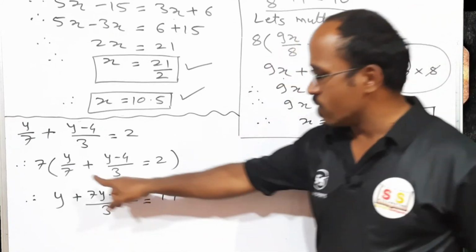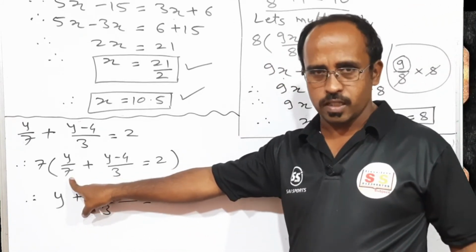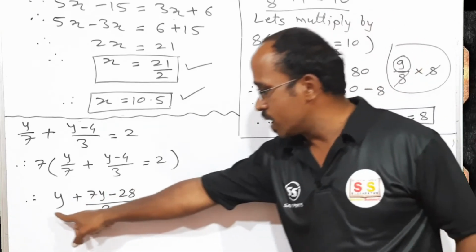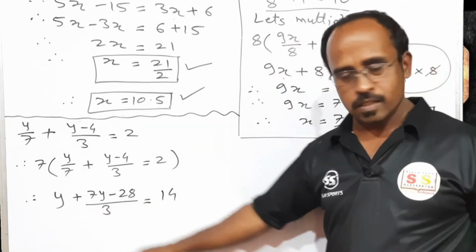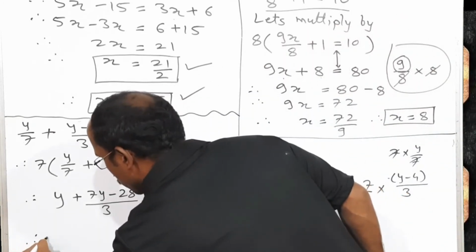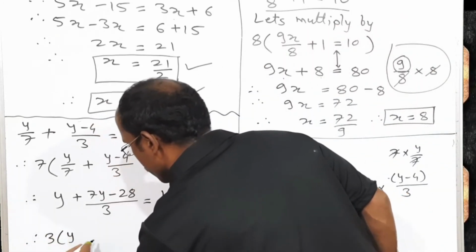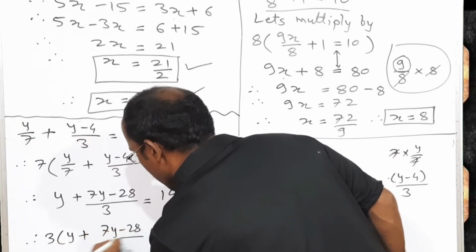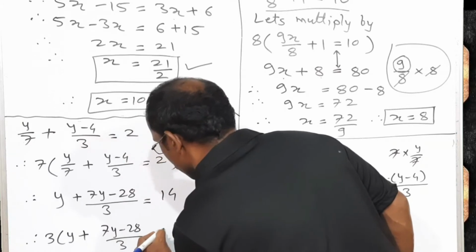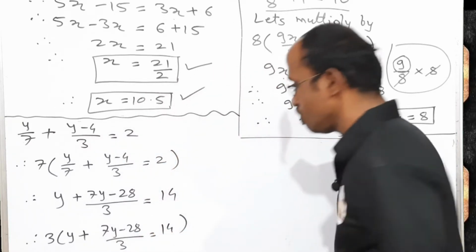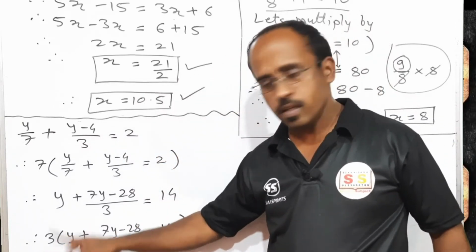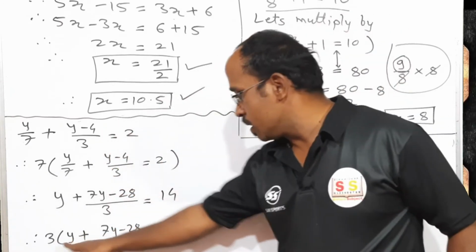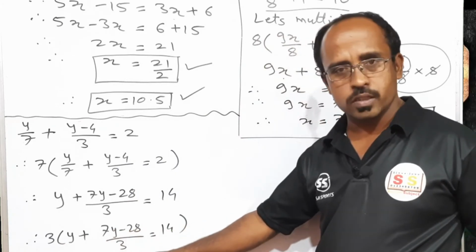So students, one denominator is eliminated, one denominator remained. Now what do we have to do? We have to multiply this equation by 3. So let us multiply it by 3. Therefore 3 multiplied by y plus 7y minus 28 upon 3, which is equal to 14. 3 multiplied by y is equal to 3y. 3 multiplied by 7y minus 28 upon 3.